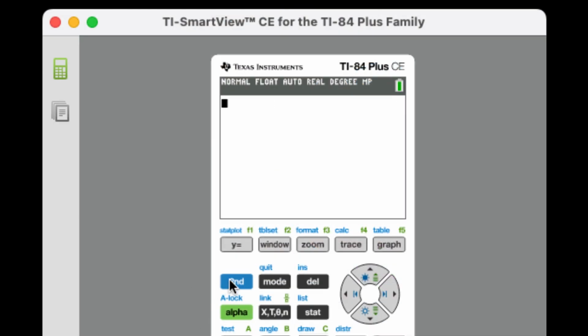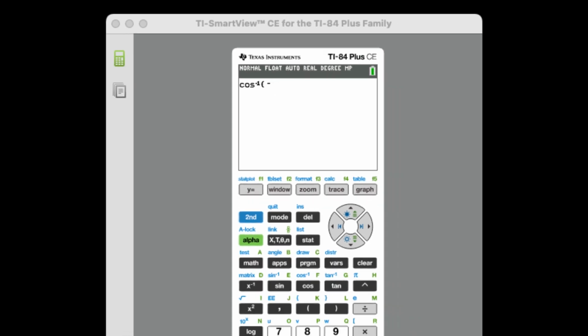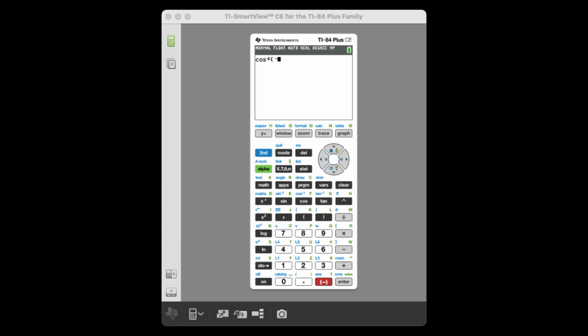So you say second, inverse cosine of negative 1 divided by square root of 2. Let's come out of there and close this. What do you think we end up with? 135 what? Degrees, because the calculator is set to degree mode.